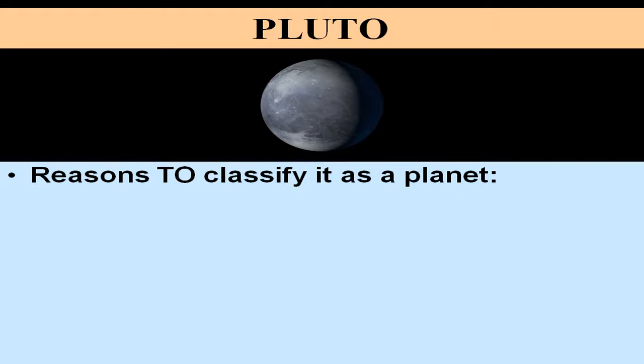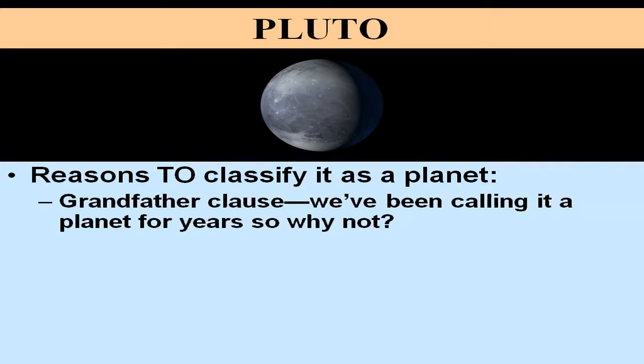Recently, Pluto was demoted as a planet in 2006. So we're going to look at the argument of why maybe it should be a planet and why maybe it shouldn't be a planet. Here are some reasons to classify it as a planet. Reason number 1, grandfather clause.